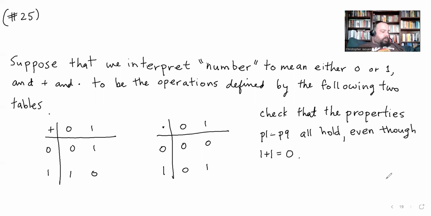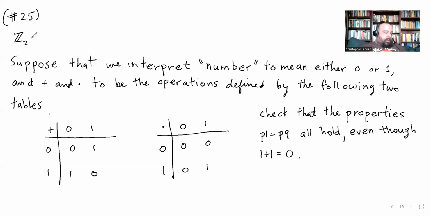Okay, so he wants us to show that this verifies the field axioms, in other words. This is actually an example of a finite field, which is sometimes denoted by the symbol for the integers with a subscript of 2. This is the integers modulo 2.